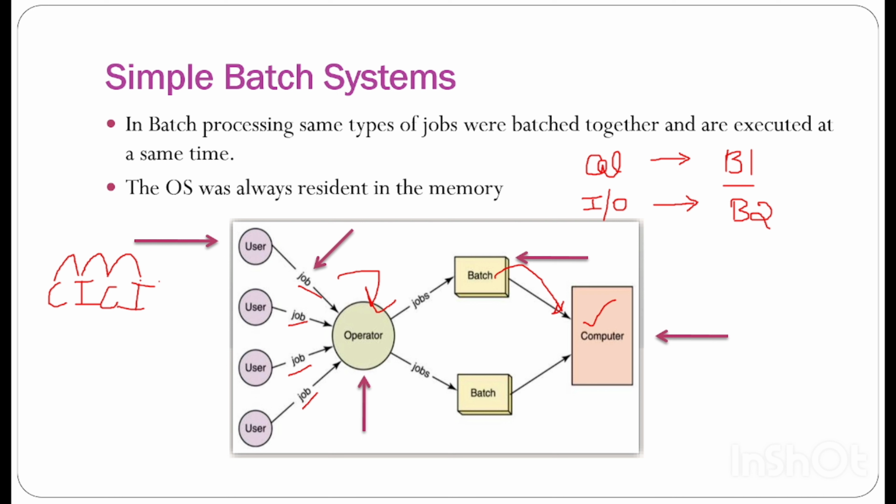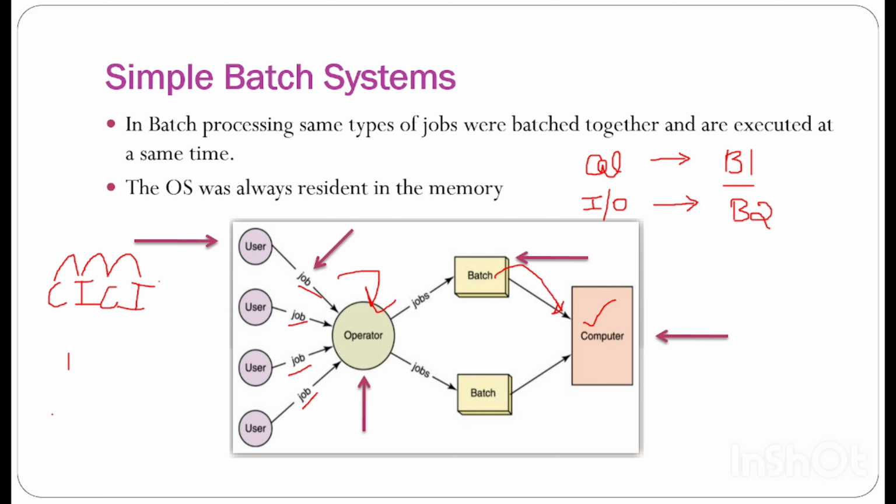This switching required some time for the computer to actually understand that okay, now the ALU will be working, now the IO devices should be working. So this switching takes time. But because we have now divided the jobs into batches, first batch 1 is to be executed, which is solely dedicated to calculation.